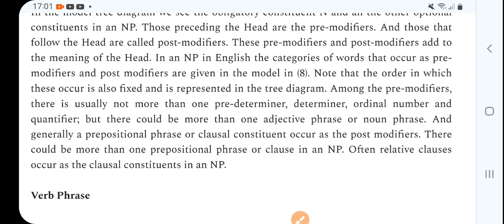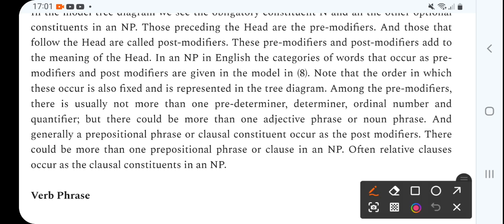But there could be more than one adjective phrase or noun phrase, right?